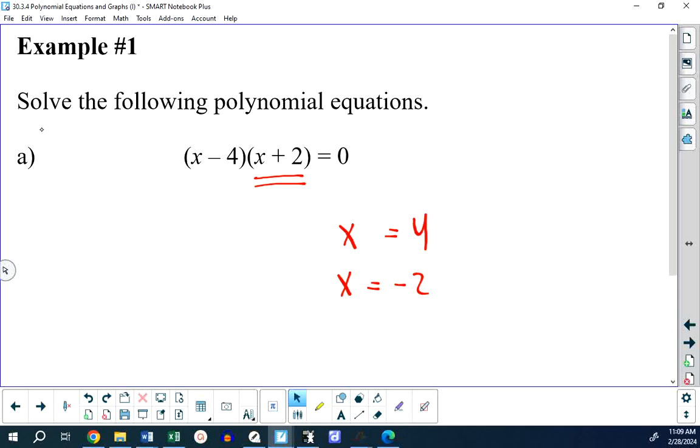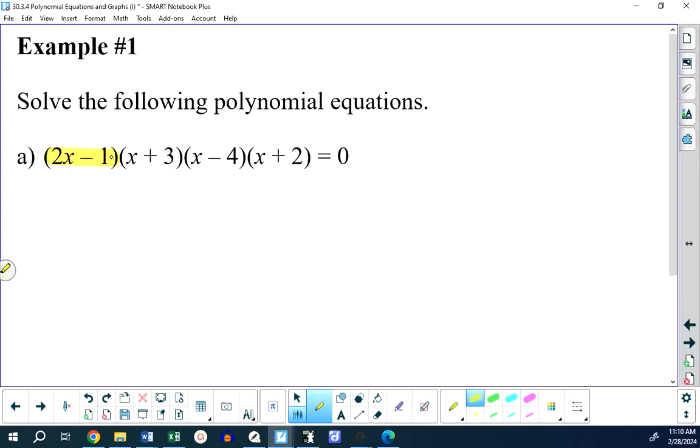Well, listen, all we're doing is expanding our horizons here. Instead of having 2 things multiplied together, we have 4. If any of those 4 are equal to 0, the whole thing will be equal to 0. If this is 0, then it doesn't matter what anything else is because you're going to take 0 times the other stuff.